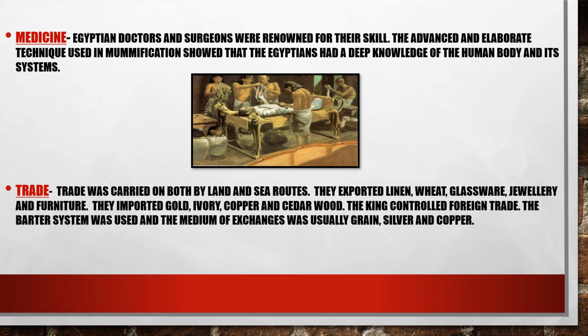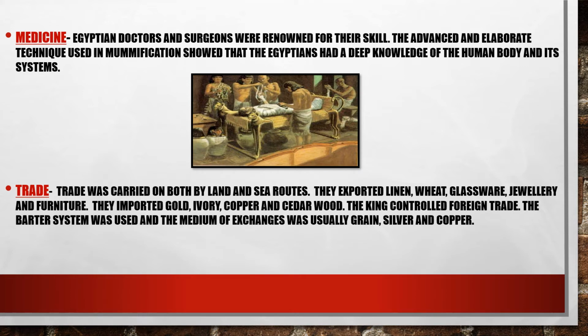For foreign trade, the Egyptians built the world's first seafaring ships. They also did importing and exporting of goods. They exported linen, wheat, glassware, jewelry and furniture. In the same manner, they imported gold, ivory, copper and cedar wood.